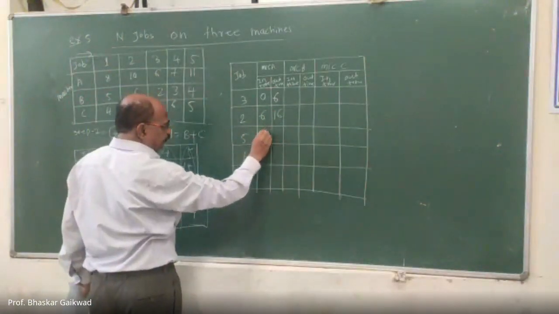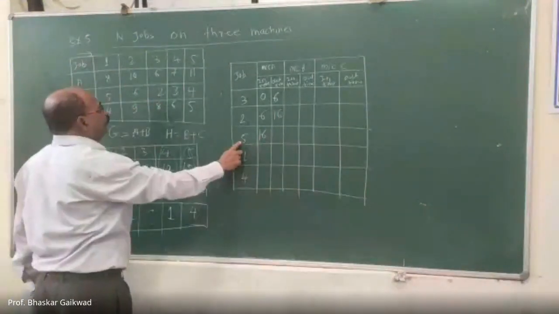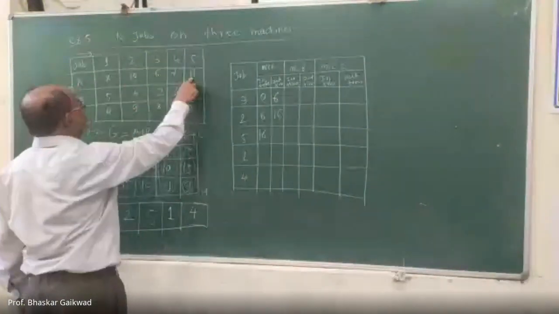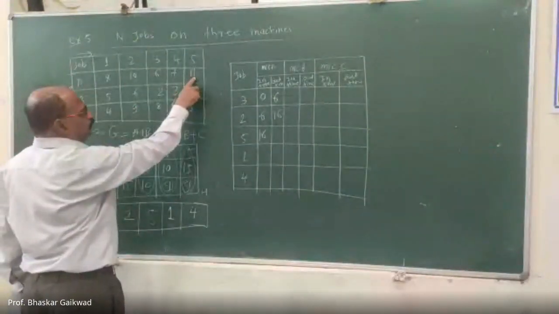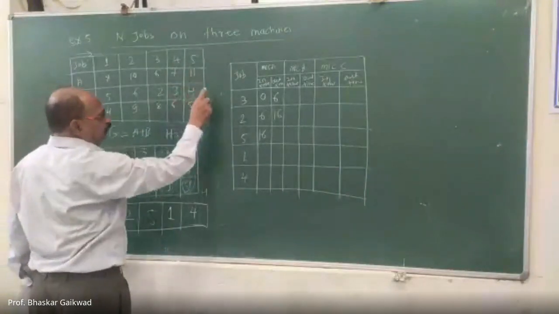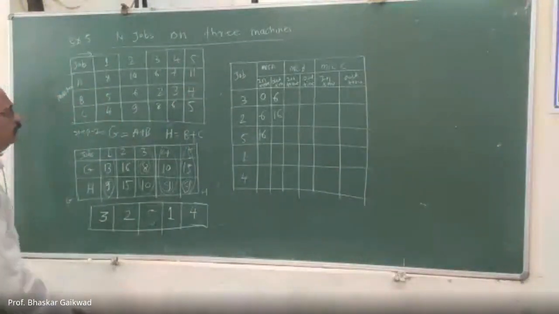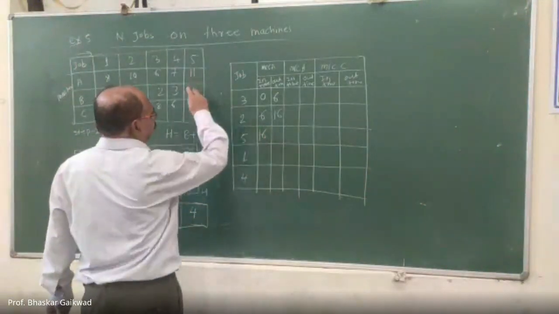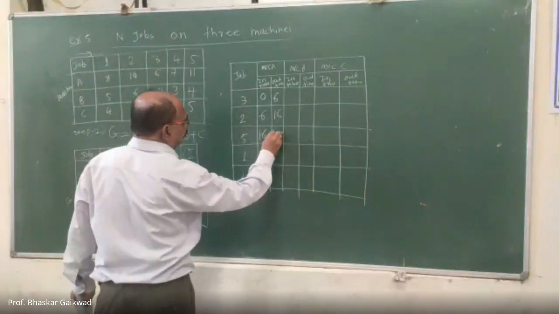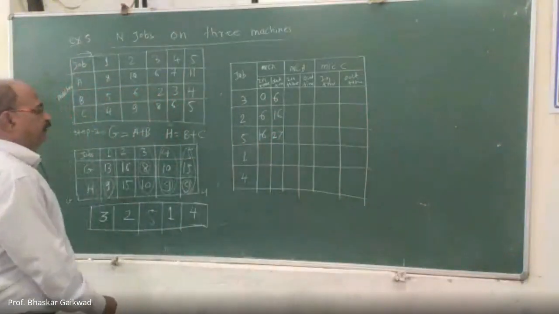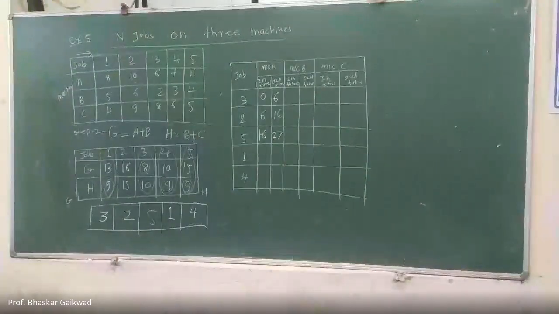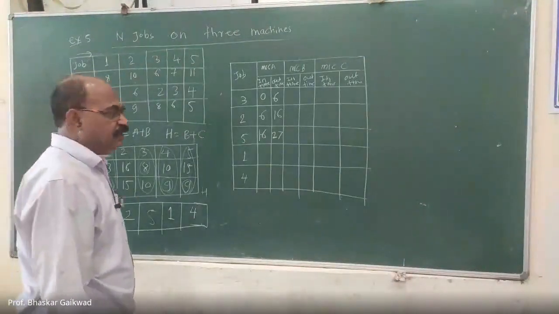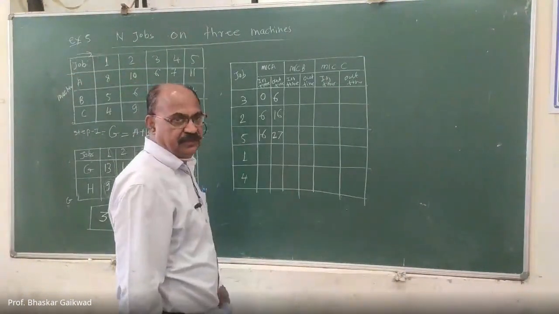Again the same 16 will be here, related to the 5th job, machine A. What is the processing time? 11. 11 plus 16, how much is that? 27. Correct? So while doing the addition, if any problem is there, just correct me.